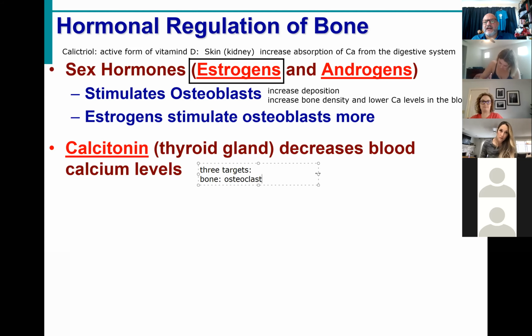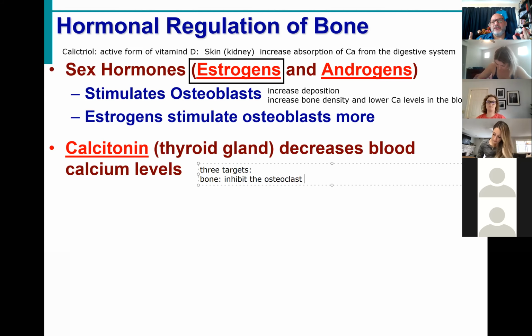For the osteoclast, what it is going to do is it is going to inhibit the osteoclasts. If we inhibit osteoclasts, then if you think about it, that decreases resorption. So we're breaking down less matrix. Right?